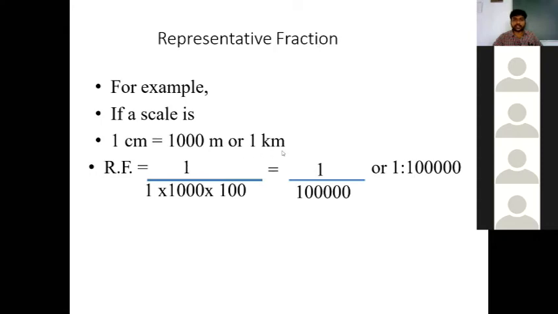If they provide kilometer, you have to convert that into meter, and later convert that into centimeter. So this RF will be 1 divided by 1 into 1000 into 100. 1000 is for meter, into 100 for centimeter. So finally, you are going to have 1 is to 100,000.